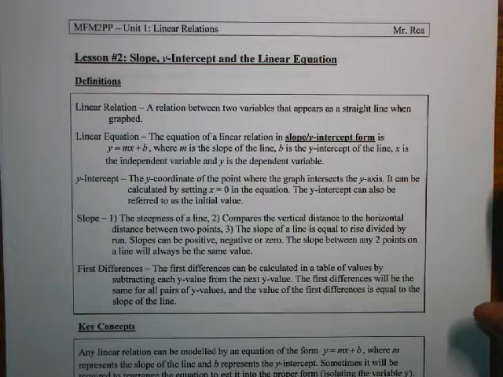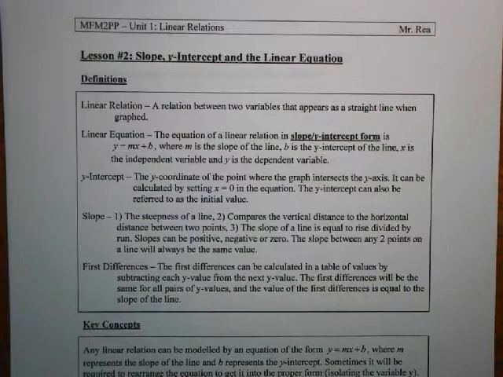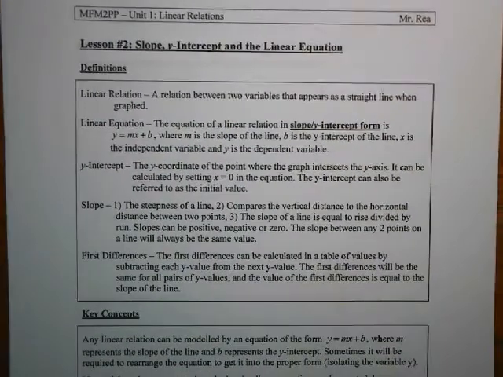The graph, the equation, and the table of values, most importantly. So you should be able to look at a graph or a table of values or an equation at this point and know that that's a linear relation or it's not. So if you're not quite there, you should probably go back to lesson 1 and practice or review it again.